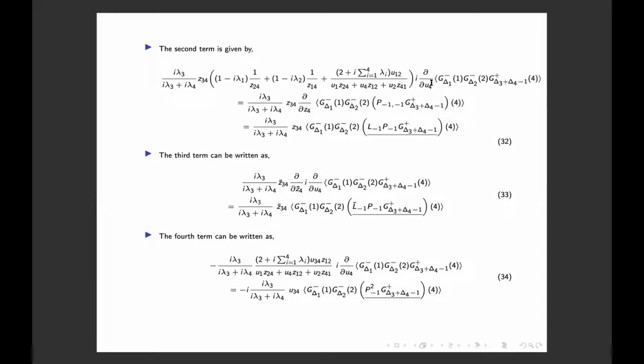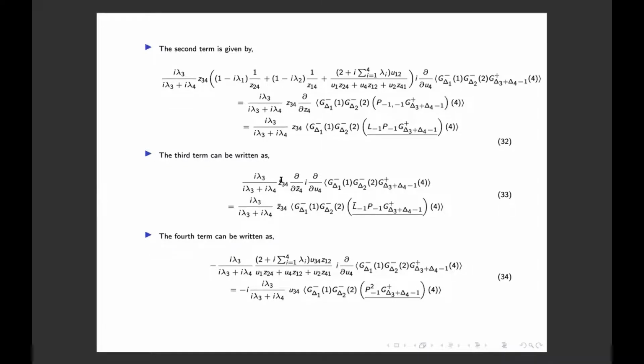You can write this as i ∂_u4 that is there, and then you just define, so this will be P minus 1. So I have just defined i ∂_u4 acting on g4 as P minus 1 acting on g4, but then this factor is essentially ∂ over ∂z4 acting on this P minus 1 g plus delta 3 plus delta 4 minus 1, 4, and then I call it L minus 1, which is the standard thing.